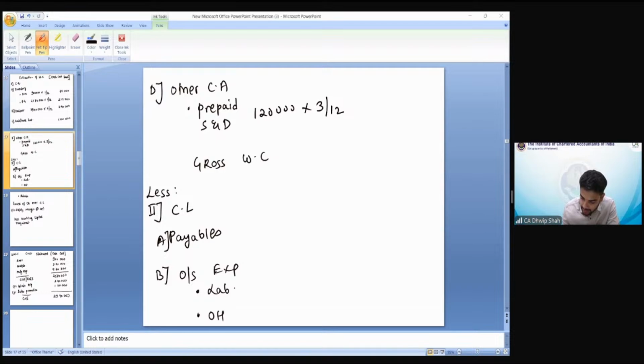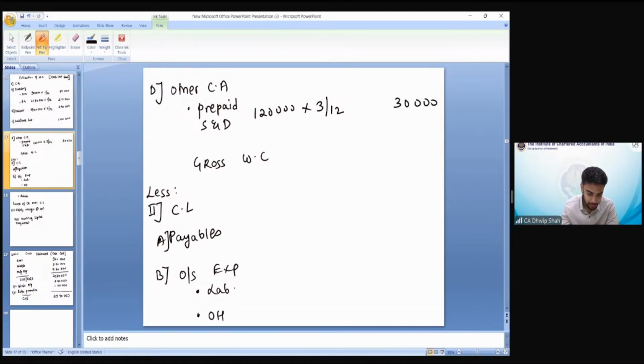Here it is: it keeps 1 month stock of each of raw materials. So raw material stock is held for 1 month. But suppliers give 2 months of credit. Means for creditors, this is 2 months. So 30,000. Prepaid S&D 30,000.